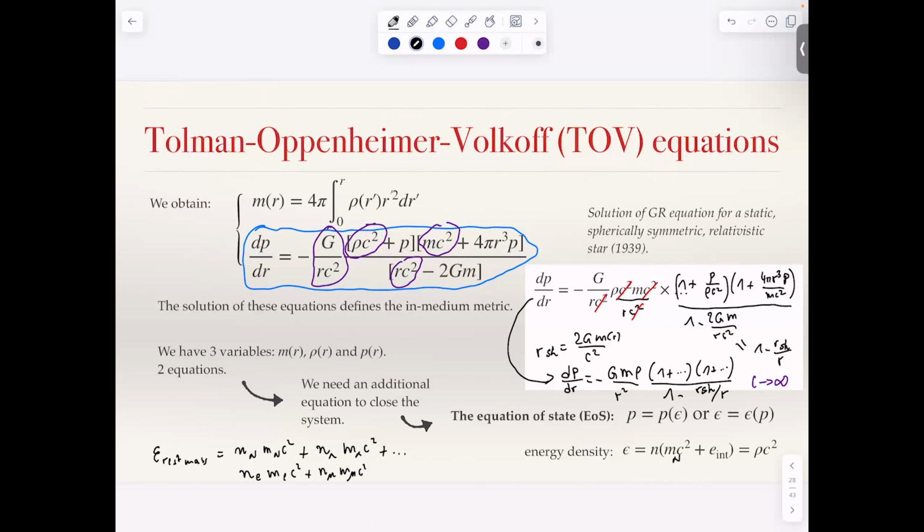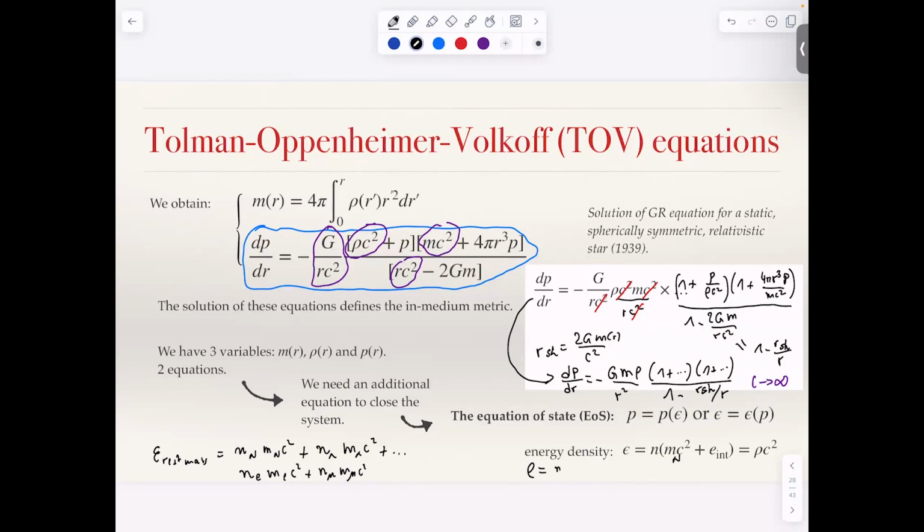Yes, that's correct. But what I wanted to show from this last equation is that if I write the density rho, then I have to divide by c square.